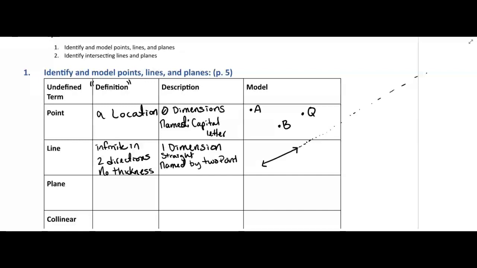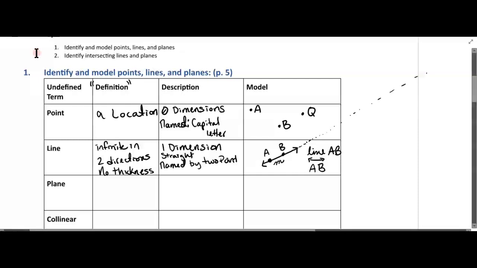Each point is a capital letter, so I might name this line A, B. I could also draw it as a symbol, A, B, with an arrow on each side over it. So that's a line. We could also use a lowercase cursive letter, so I might call this line M.